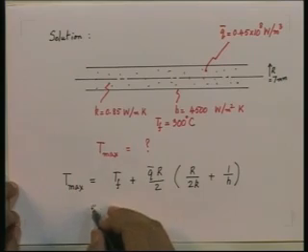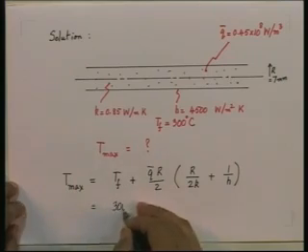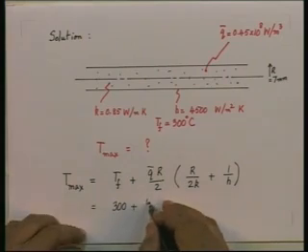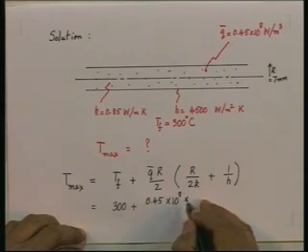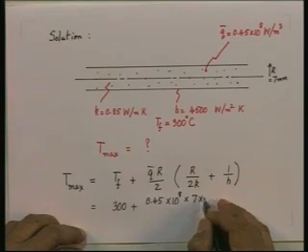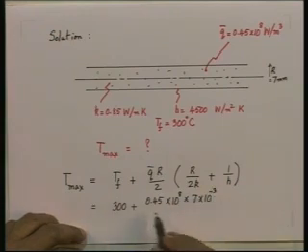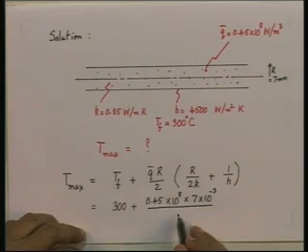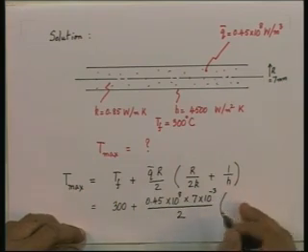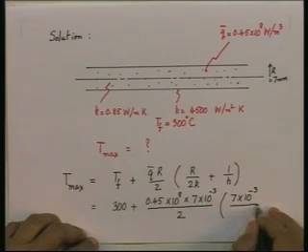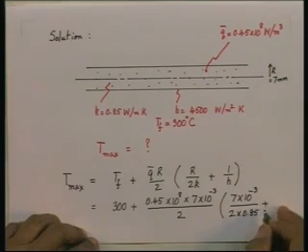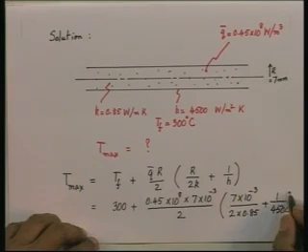So, substituting, we will get 300 plus 0.45 multiplied by 10 to the power of 8 multiplied by the radius, that is 7 into 10 to the minus 3 meters, divided by 2, the whole thing multiplied by 7 into 10 to the minus 3 divided by 2 multiplied by 0.85 plus 1 upon 4500, which is the heat transfer coefficient.